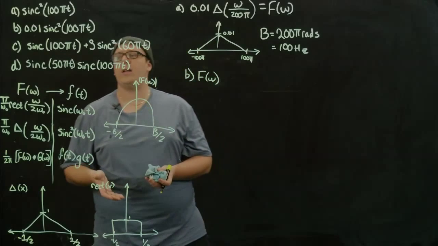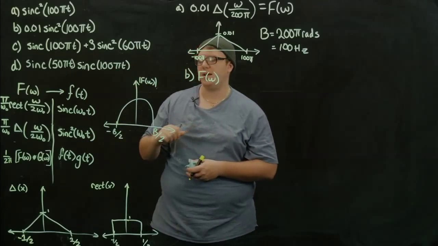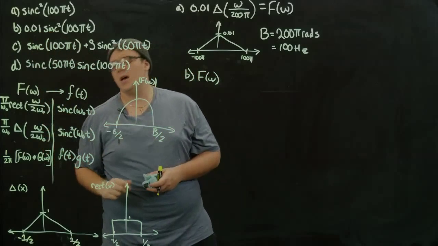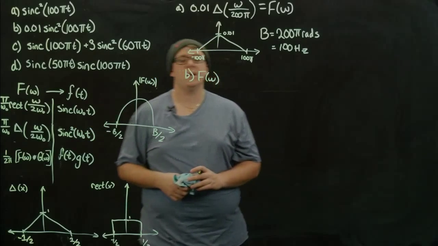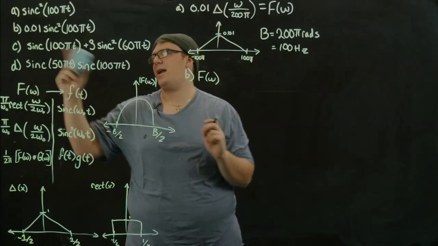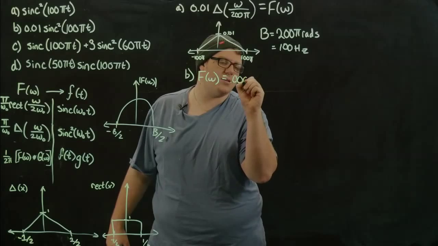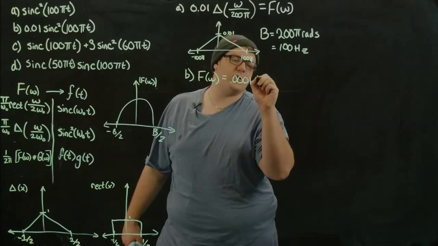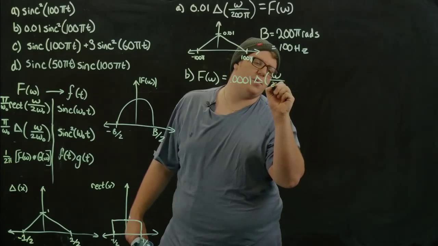So when you multiply a function by a constant, all it does is multiply the Fourier transform by the same constant. So this F of omega is the same as this F of omega, just multiplied by an extra 0.01. So it would be 0.0001 of the triangle function of omega over 200 pi.